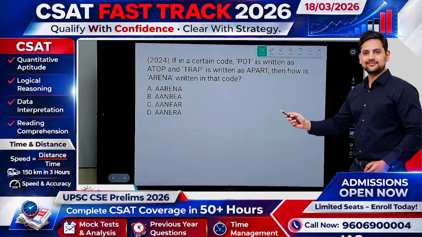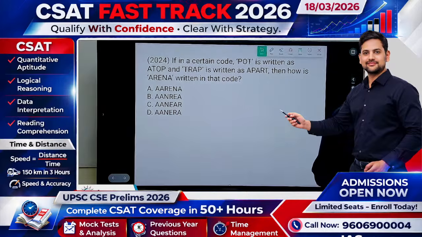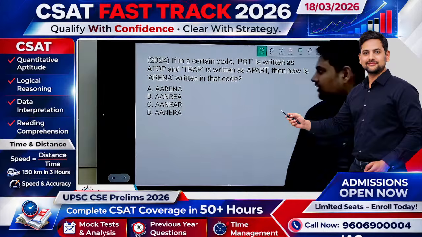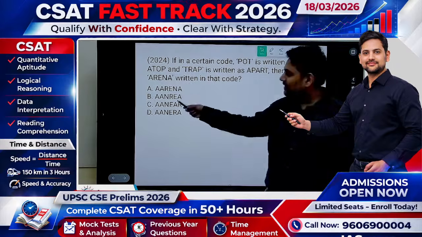You can do it easily. Bombay or Delhi? Delhi. This is Agra, Bombay, Chennai, Delhi.